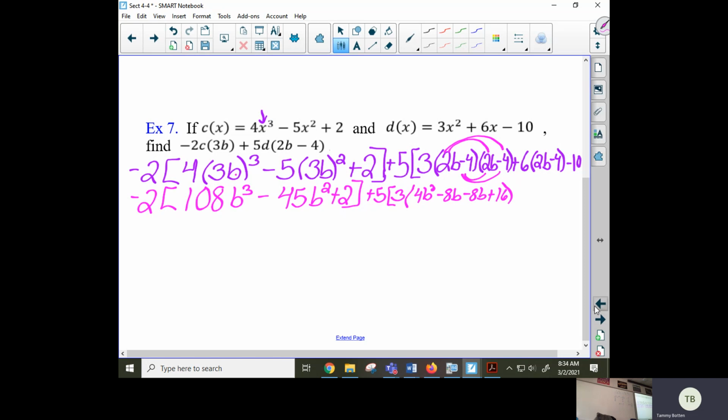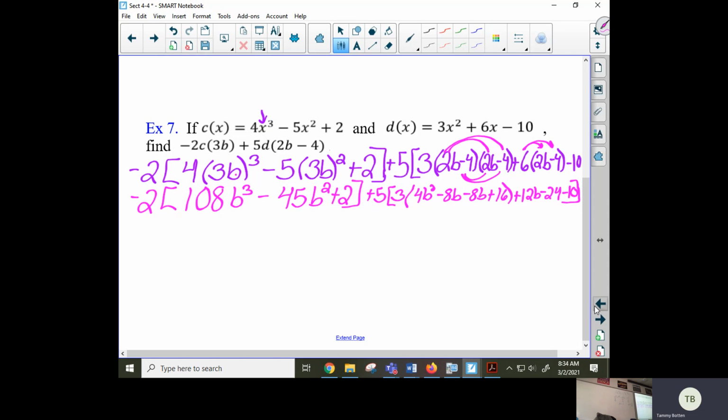Okay. I'm also going to distribute this. 6 times 2b is plus 12b. 6 times a -4 is minus 24, and then minus 10. And this is still in this big bracket multiplied by 5.